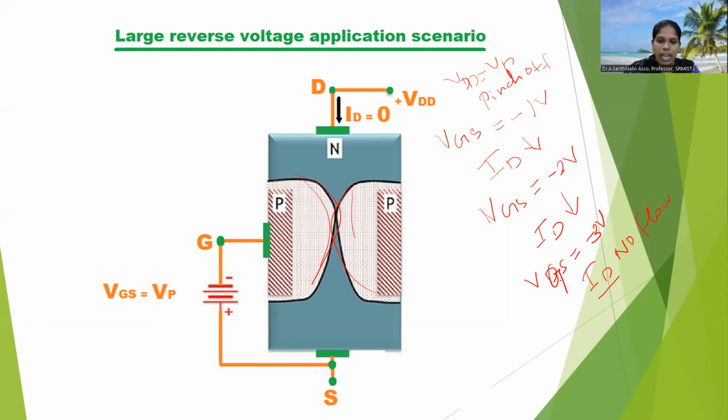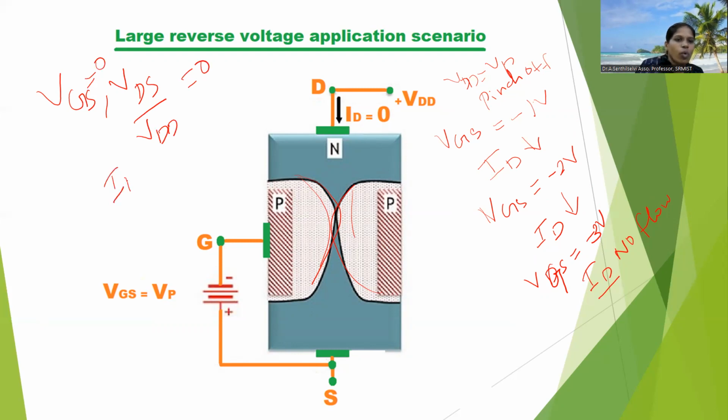Okay, I'm again recalling the working of the FET. Initially, without any voltage, VGS and VDS, otherwise called VDD, are zero. If no voltage is applied, there is no flow of ID.